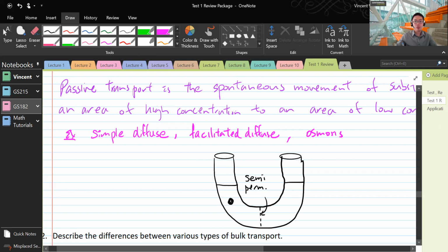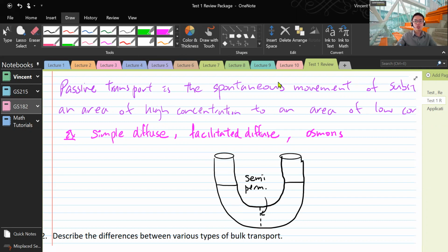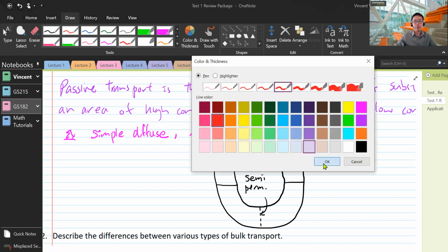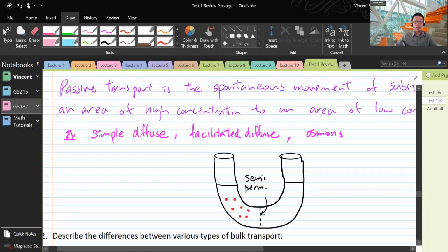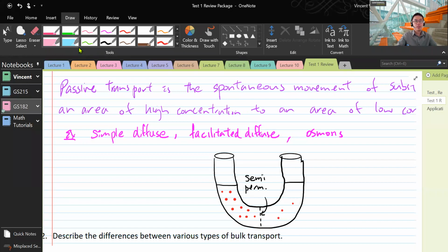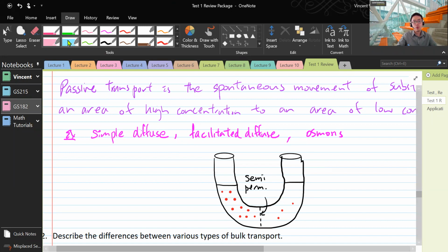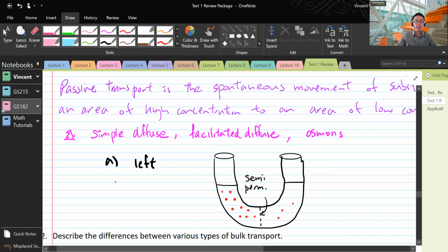And these solutes will not be able to cross the membrane. We did this question before, but I just want to make sure that you know how to answer it. So the question is, if you leave this alone and you let the water move around, which way will the water go? Will the water rise on the left or will the water rise on the right?